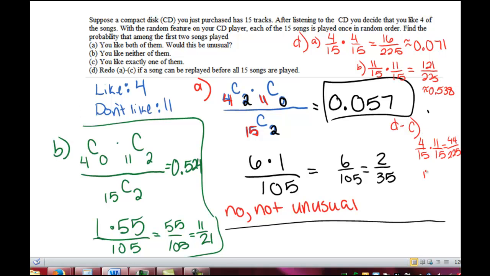Perhaps we do not like the first song, so the probability we will not like the first is 11 out of 15, times the probability we will like the second, which is 4 out of 15. So again, 44 out of 225. And then we're going to add these. So the 44 out of 225 plus 44 out of 225 is going to give us 88 out of 225, which is about 0.391.